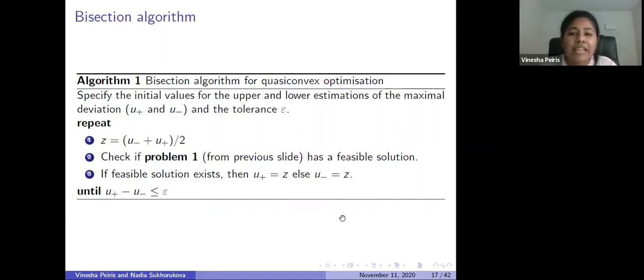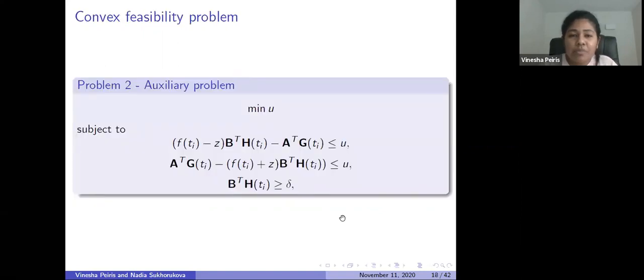The natural question is, how do we check the feasibility of problem 1? We check it through a convex feasibility problem. It is not easy to formulate in general, but for this case we know how to formulate it, and therefore we can solve it.